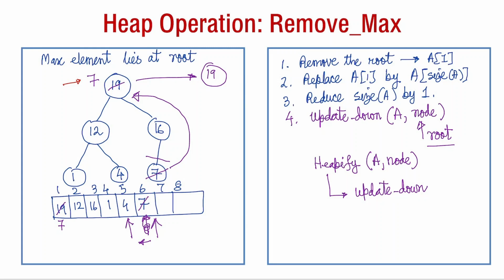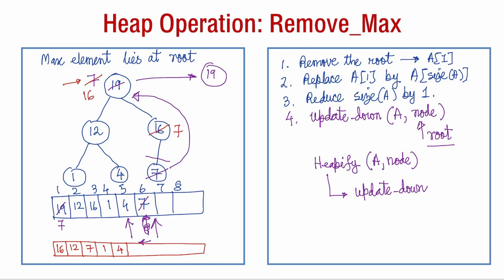Which means in this case, this will become 7 and this will become 16. So after the operation is over, this will become 16, this will become 12, this will become 7, then 1, then 4. And it still maintains the heap property.